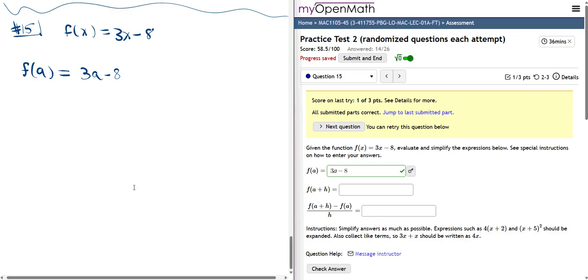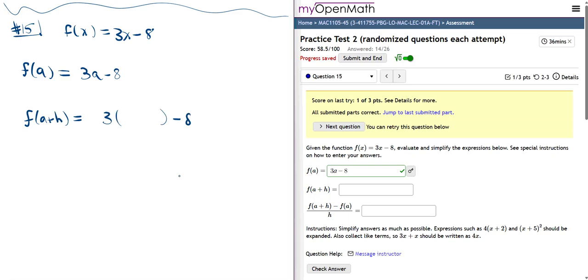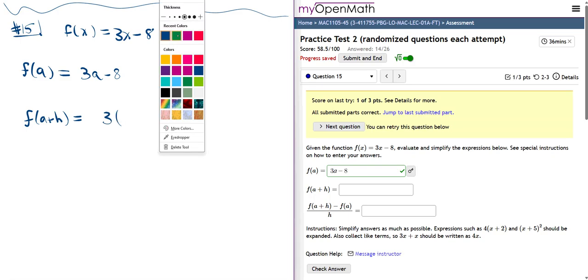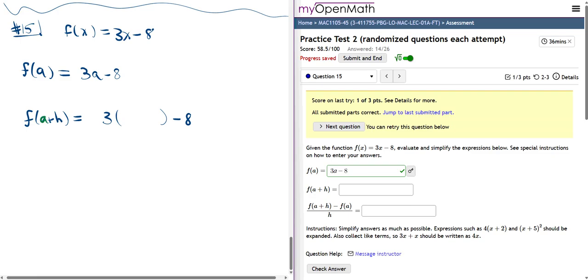Okay, now next I'm going to do f of a plus h. So once again, I'm going to take the original function and I'm going to put into it the a plus h. Okay, so instead of writing x, I'm just replacing it with the input as it's written there. Now, I think we should simplify this.